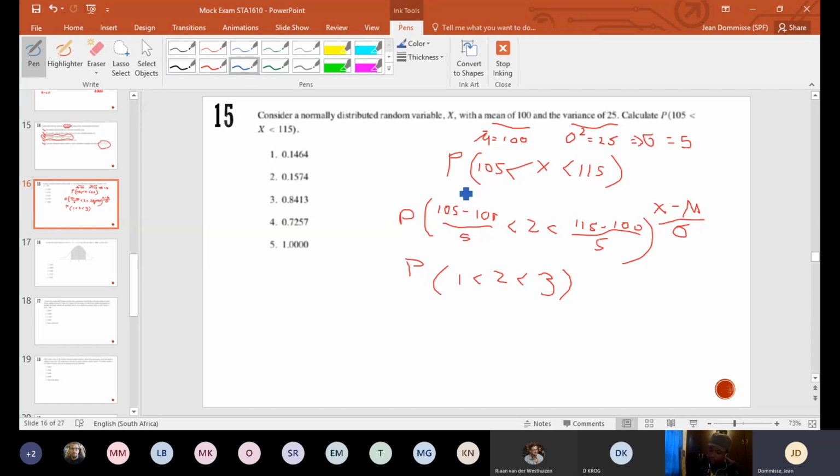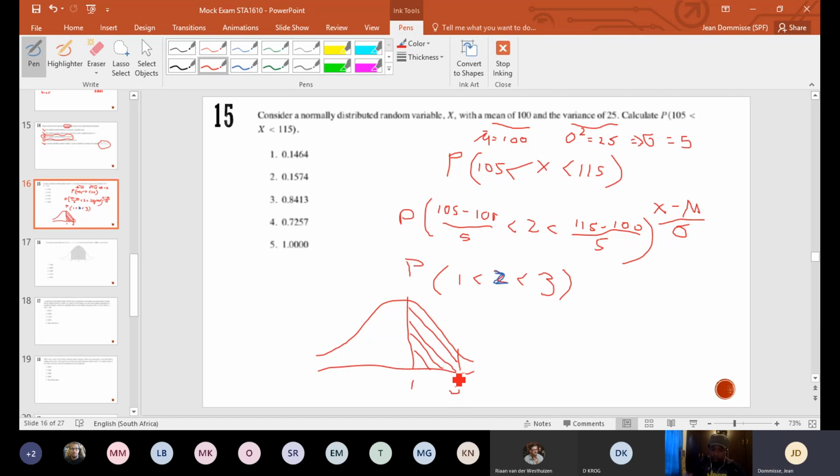And that is Z and not 2, so we don't confuse that as well. So what's the probability that Z is between 1 and 3? That is basically what you are looking for.